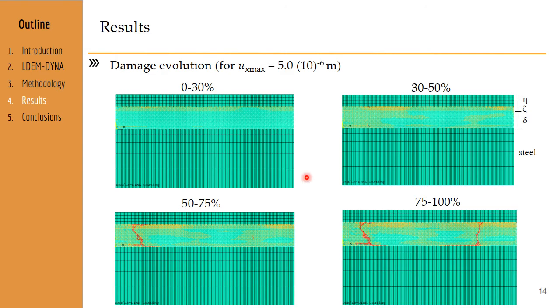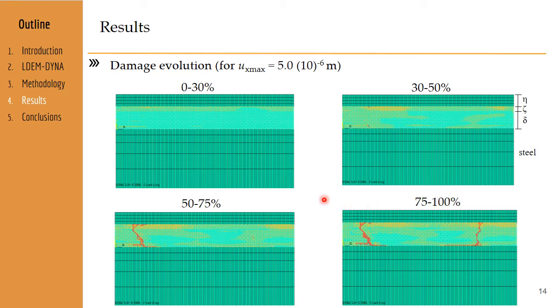Here we present the results in terms of damage evolution when we apply the prescribed displacement equal to 5×10⁻⁶ meters. So the percentage represents the maximum displacement applied.